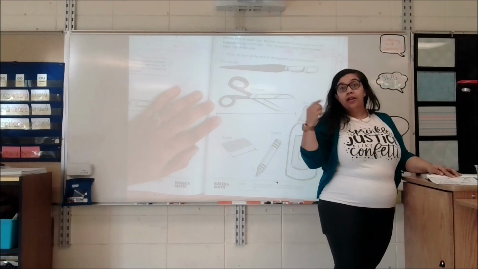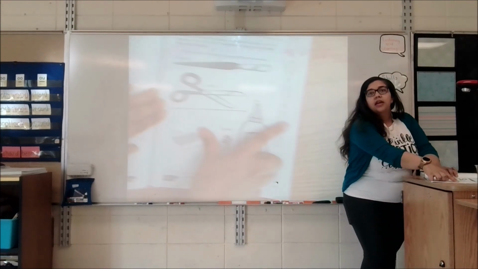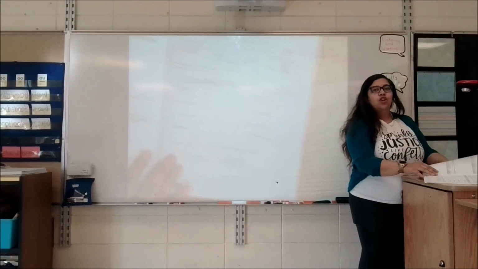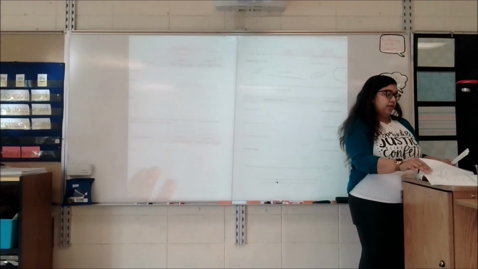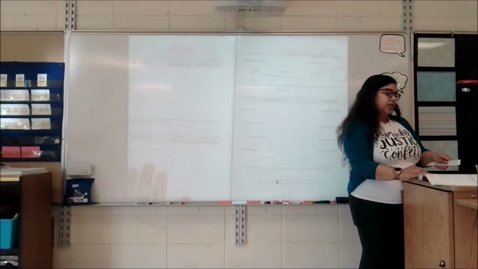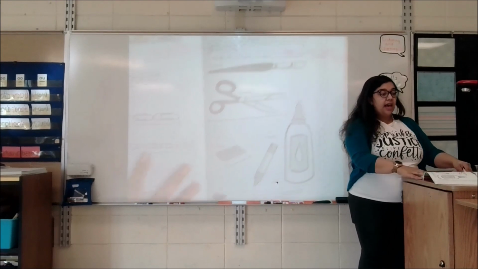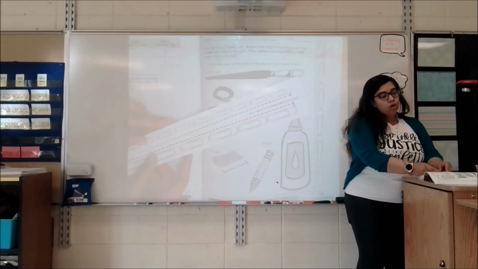So we'll record our answers on the page up here. But what you see in your book, actually, if for any reason you couldn't find the ones I sent home with you, it's in your book too. I just wanted you to have a stronger copy to be able to use. So we're measuring the paintbrush, the scissors, the erasers, the crayon, and the glue. And we're measuring each of these items with both the large paper clips and the small paper clips.